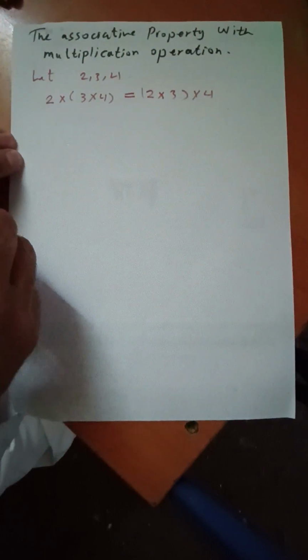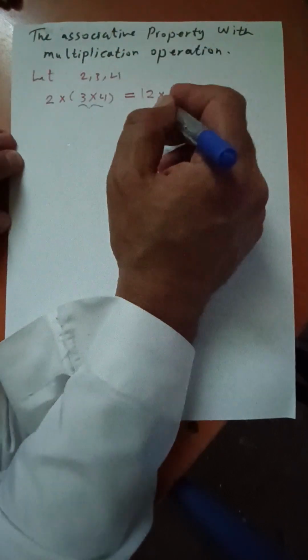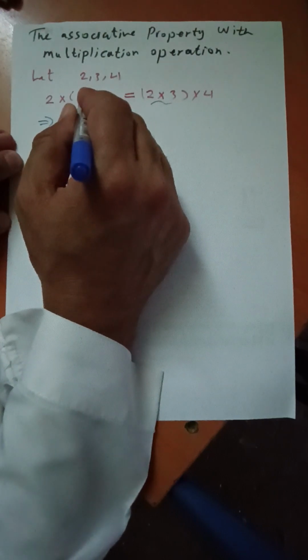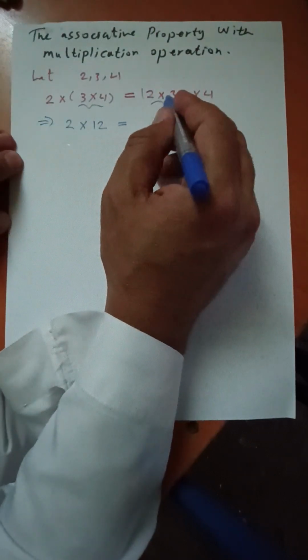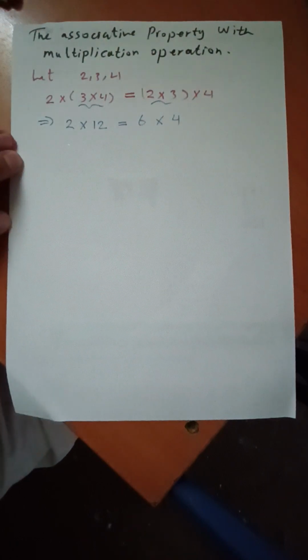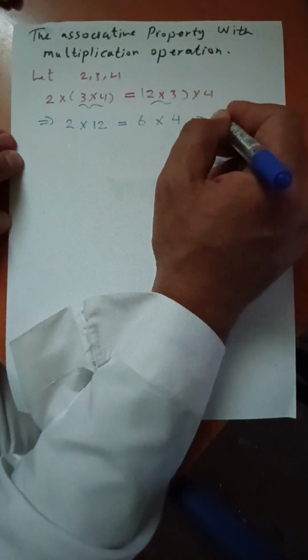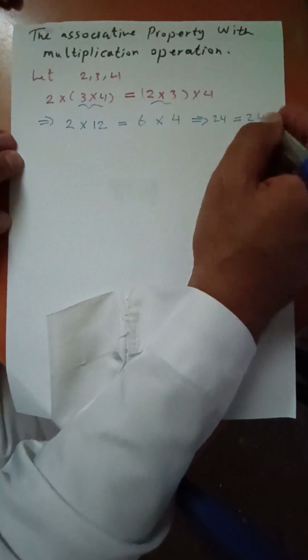According to the previous, I should cancel or finish the brackets. Now look at this bracket and this bracket. 2 times 3 times 4 equals 2 times 12, that gives 24, equals 6 times 4, which equals 24.